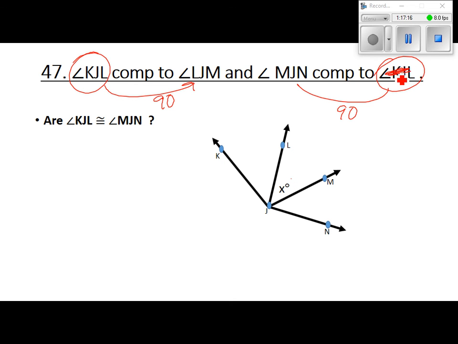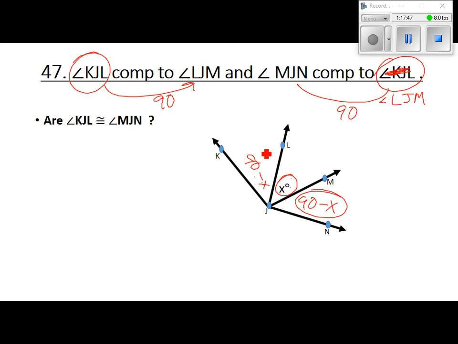This should say angle LJM. So they're saying that they're both complementary to that angle. So this angle and this angle add up to 90. So this angle right here could be just 90 minus X. We don't know what X is, but it could be 90 minus X because we know that these two have to add up to 90. Well, these two have to add up to 90. Then this one could also be 90 minus X.